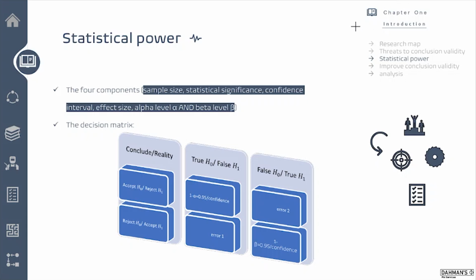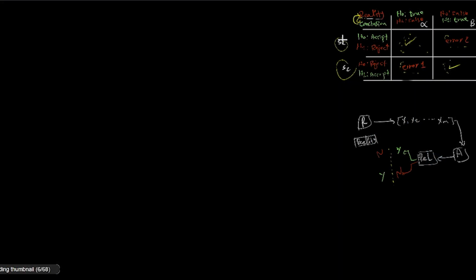Hi, welcome back. So we're in Chapter 1, Introduction, and that is to discuss the subject of statistical power. In the previous section, we have just explored the two issues that cause a threat to the conclusion validity of our research. The first issue was considering the investigation of a relationship between the space of variables, and the second one considering the acceptance or rejection of the hypothesis according to two scenarios of reality and scenario of alpha or beta.